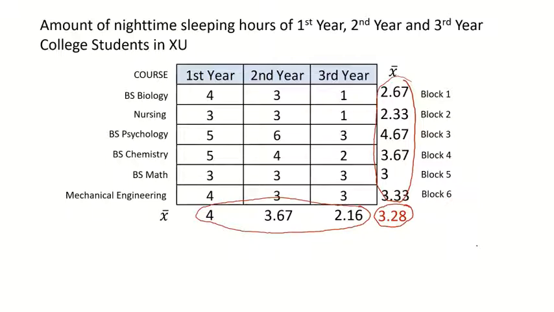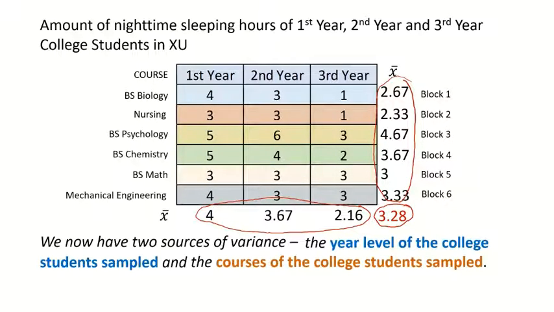So here we have 6 blocks, or 6 rows, and 3 columns. We now have two sources of variance: the year level of the college student sampled, that's in the columns, and the course of the college student sampled, that's in the blocks.